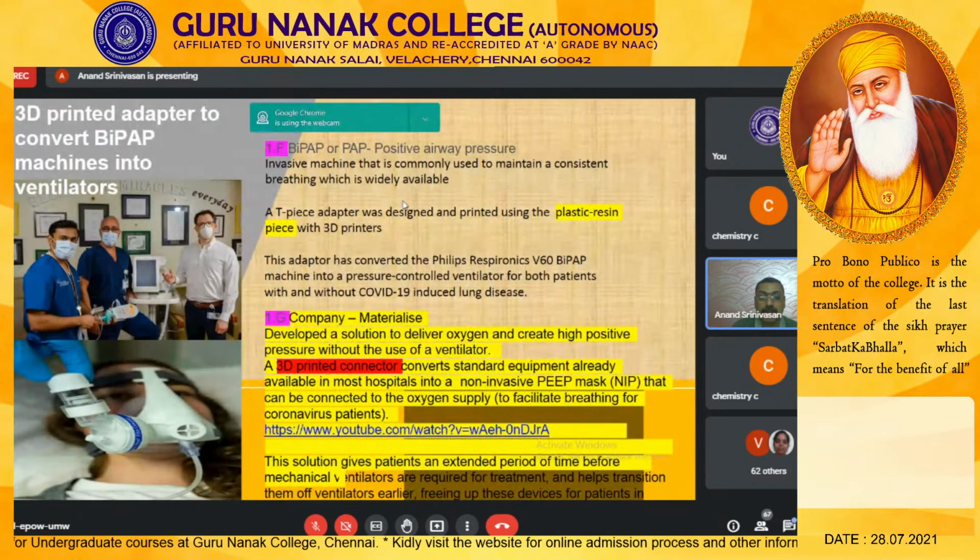They developed a solution to deliver oxygen and create high positive pressure without the use of a ventilator. So you need not have a ventilator using this material, which is made up of plastic. They have used a plastic resin piece with 3D printers, and they were able to produce this 3D printed polymeric material, which will ease your breathing. So that is one of the main things.